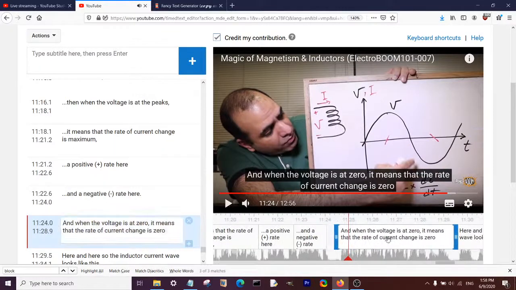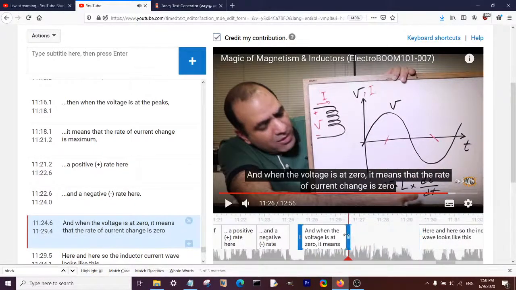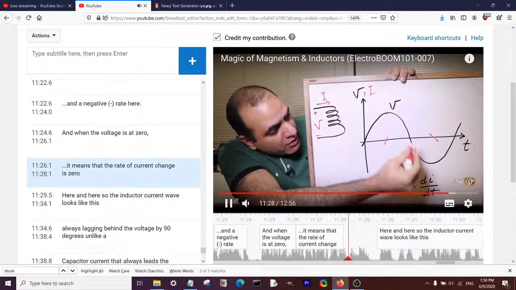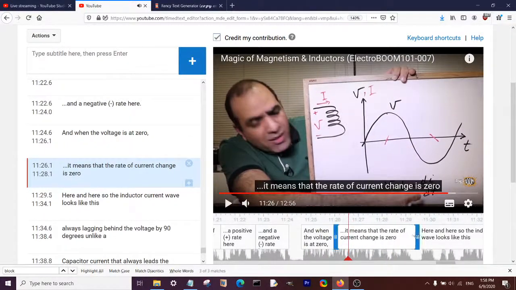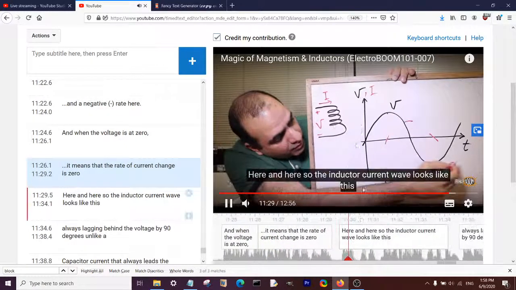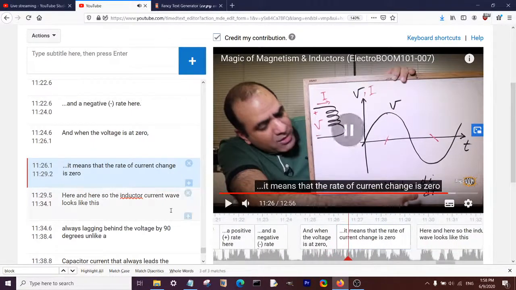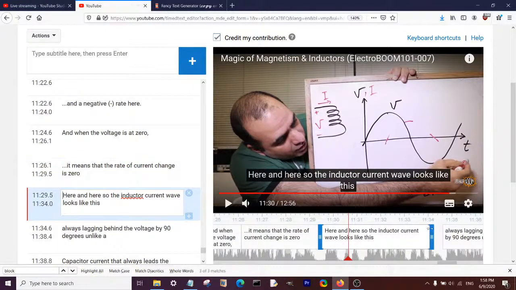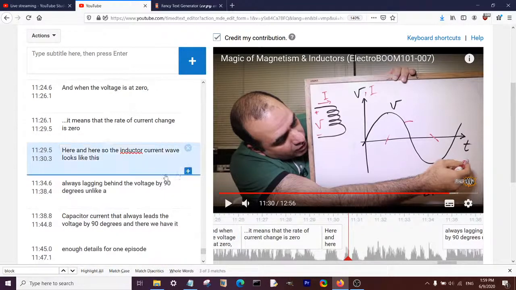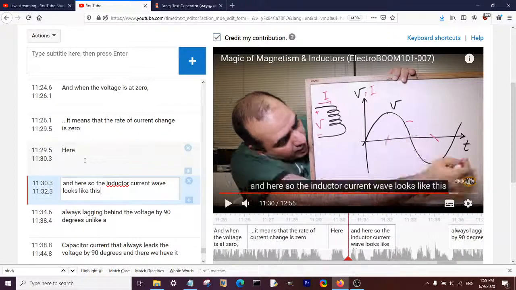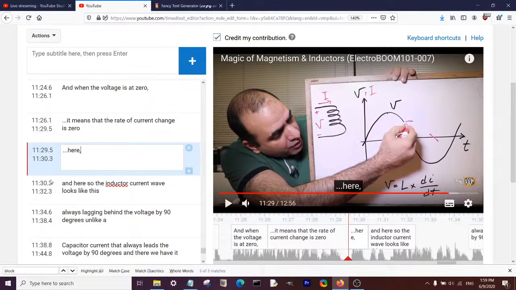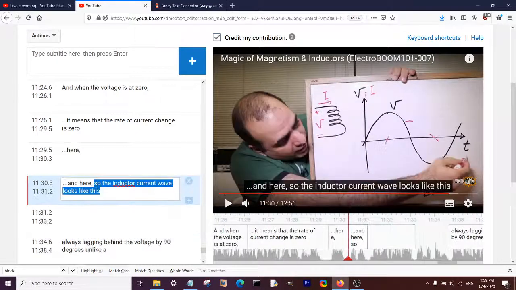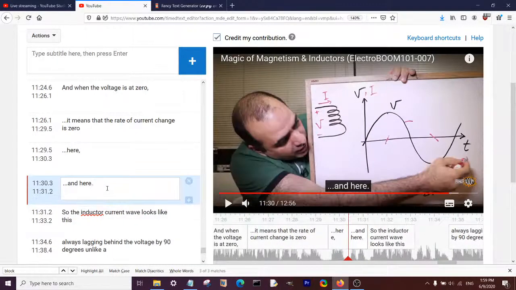And when the voltage is at 0, it means that the rate of current change is 0 here and here.